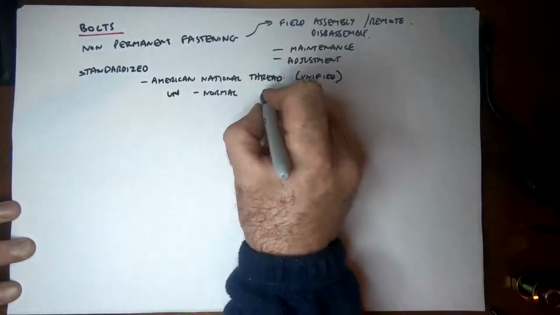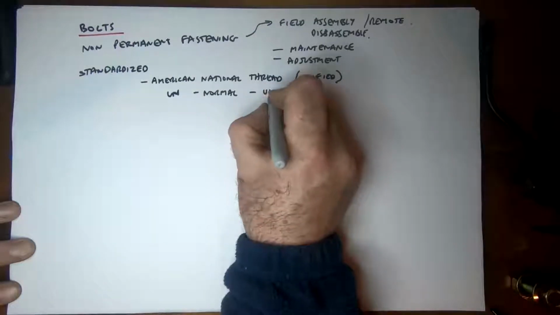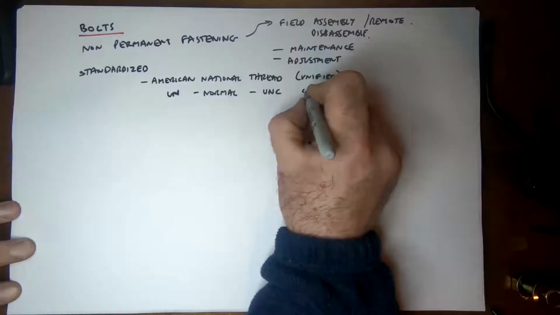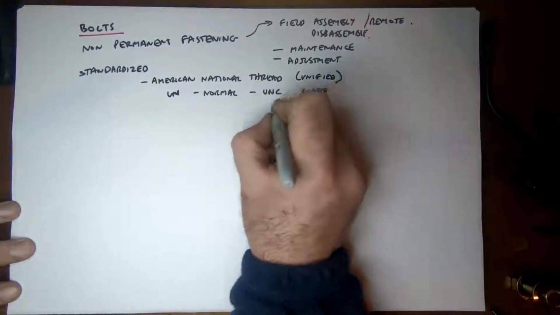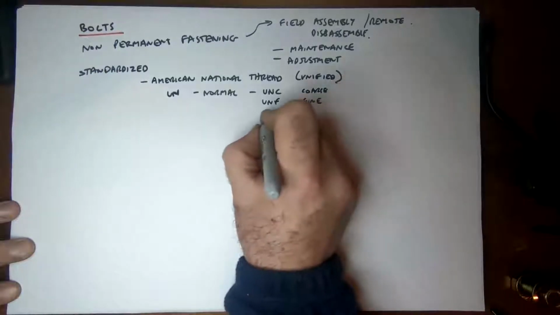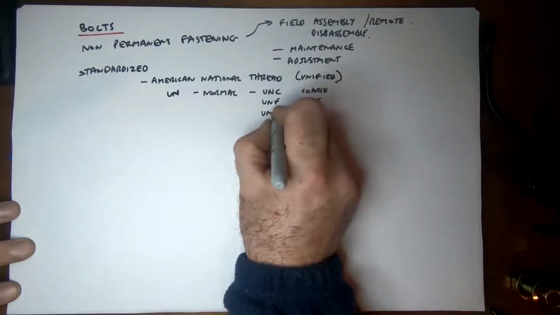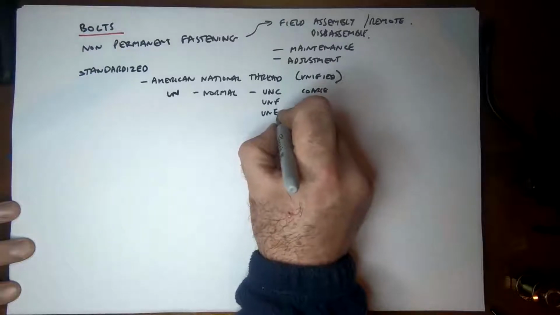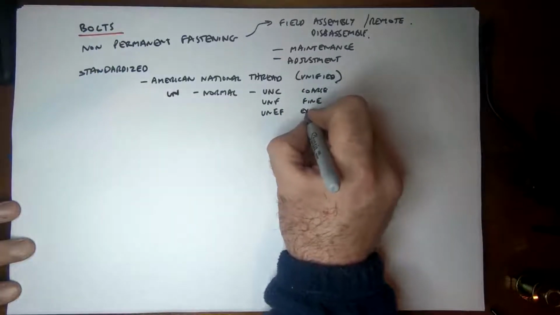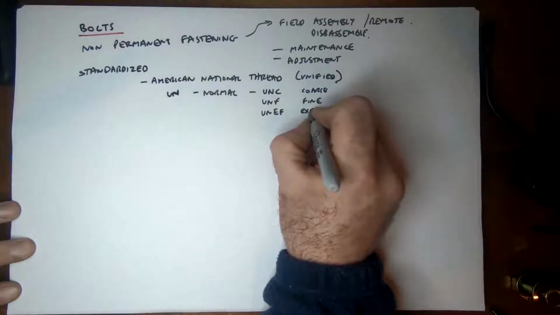And within the UN standard we have so-called UNC, which is for coarse, unified coarse threads, and we have unified fine threads, and then one that you've probably not seen much of is UNEF, unified extreme fine, or extra fine.